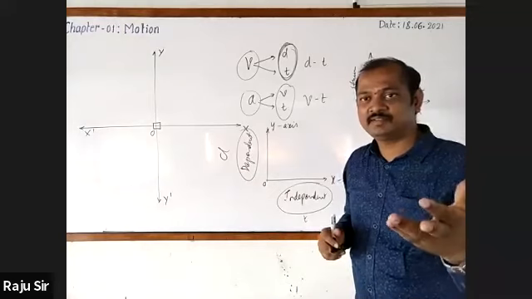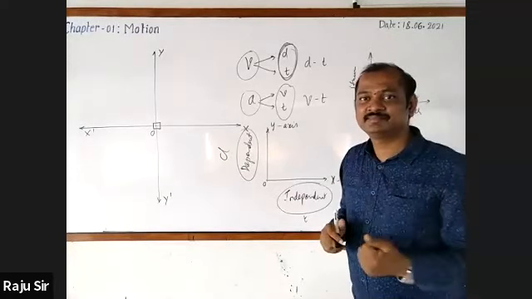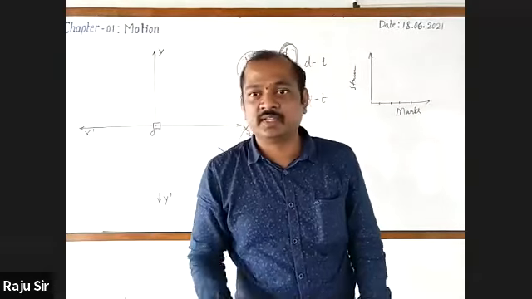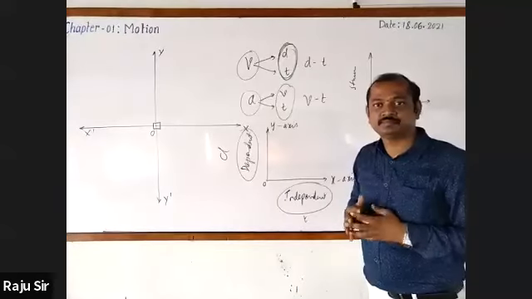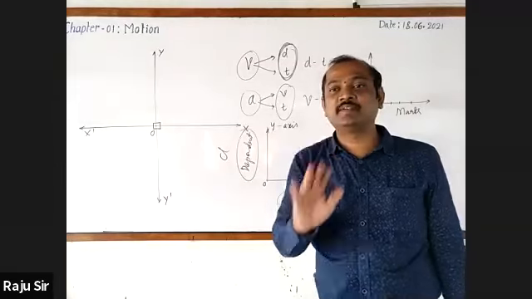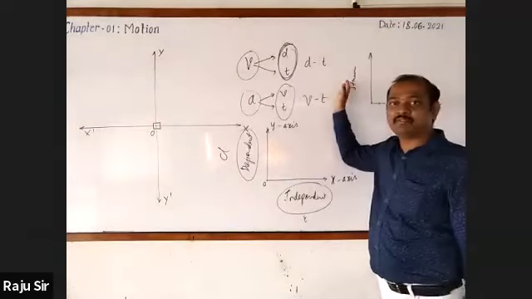Yes, you can. Wait. Yatin or Yashwant, any one of you can tell the definition of dt graph. The distance traveled in the intervals of time. You are telling the speed. I am asking what is the definition of dt graph?